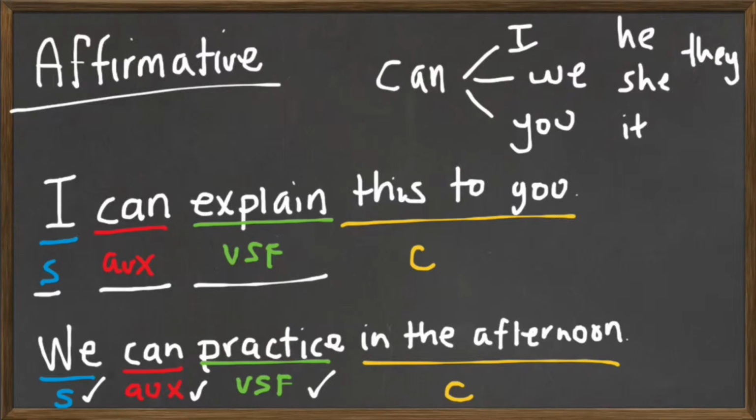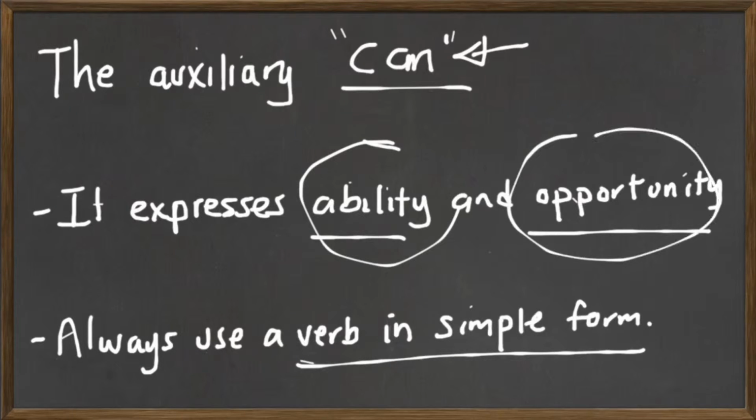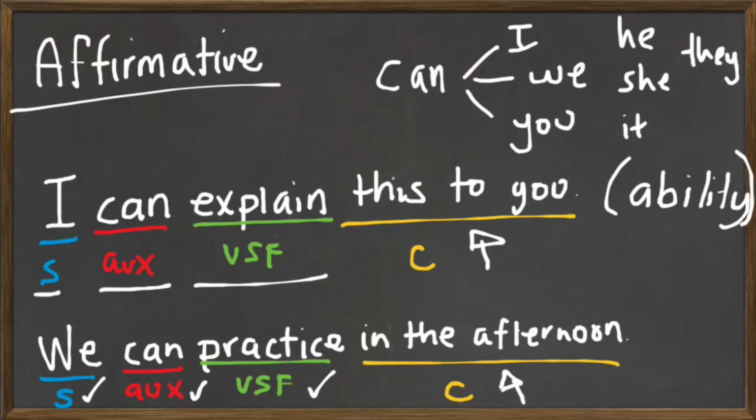Now, another important thing to say, remember that we talked about ability and opportunity. Depending on the context, and also depending on the complement, we will know if we're talking about an ability or an opportunity. In this case, this to you refers to an ability, because I have the ability to explain this to you.